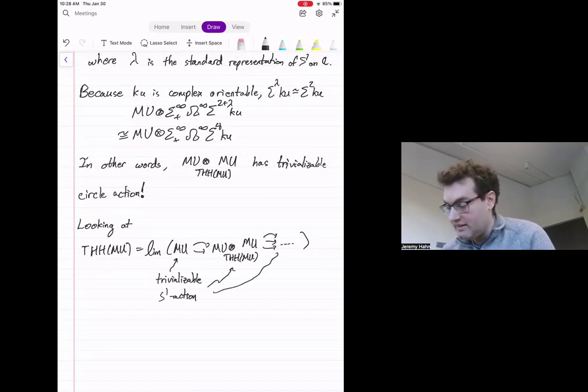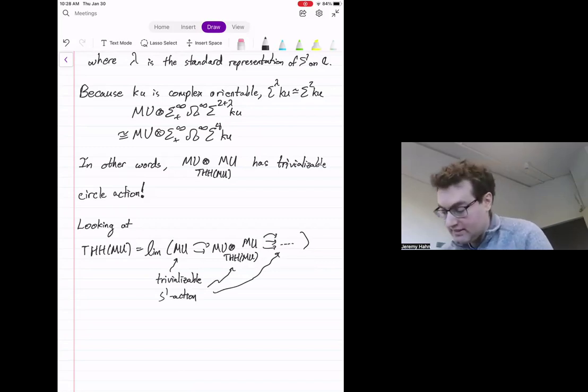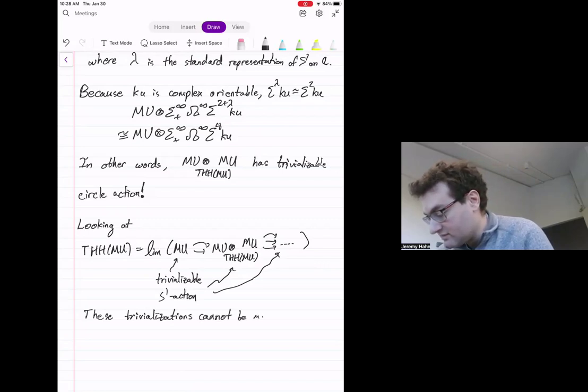And so does this, and so does this, et cetera, et cetera. So every stage in this tower has a completely trivial circle action, but the limit of the tower, or the limit of the cosimplicial object, has an extremely interesting non-trivial circle action. So what's happening here is that these trivializations cannot be made compatible with the cosimplicial structure maps.